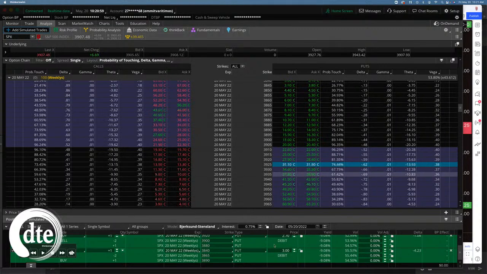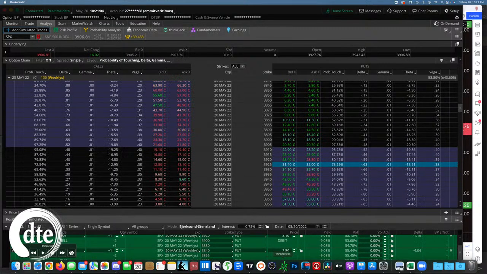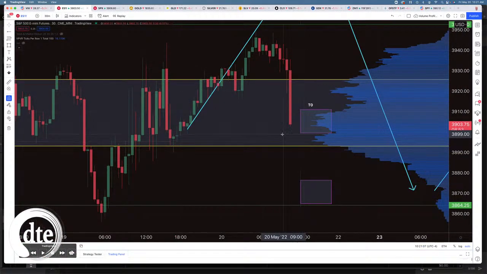And we've already entered or gone below. Once we go below the T0, that'll increase our odds dramatically. Once we enter into this area, then it should move very quickly to this LVN.